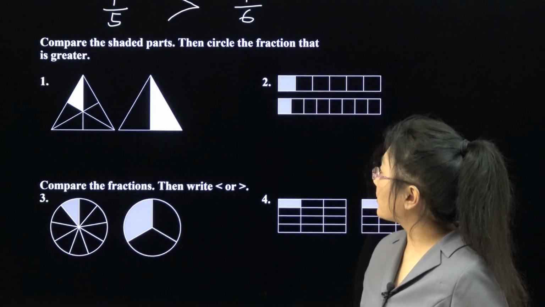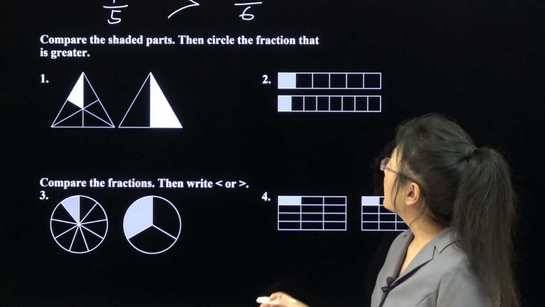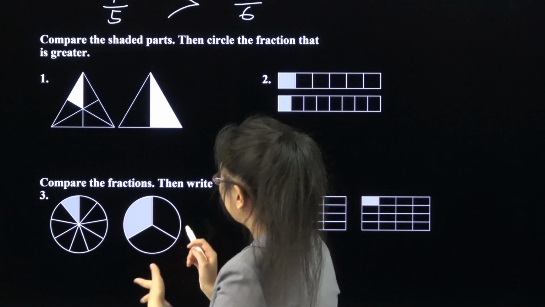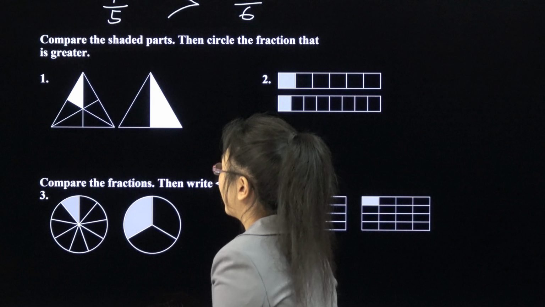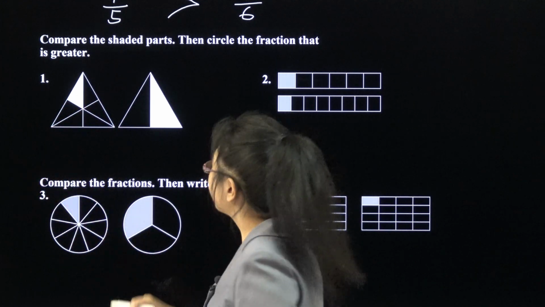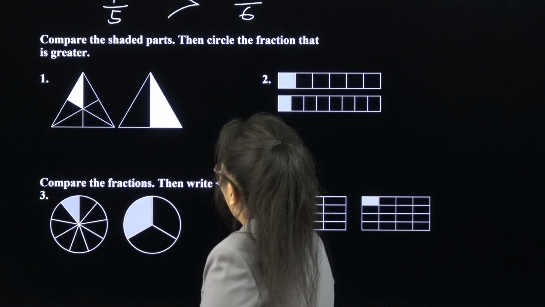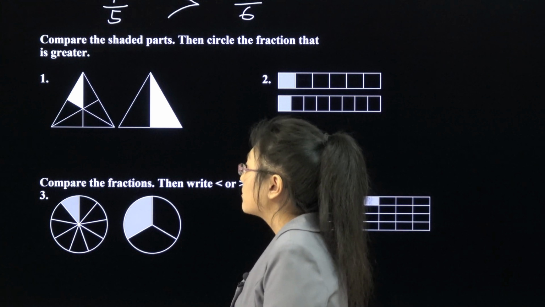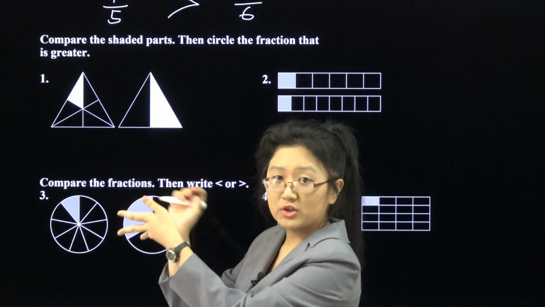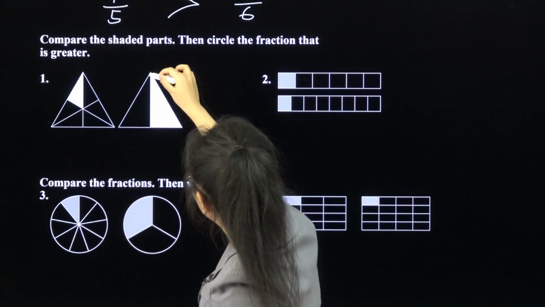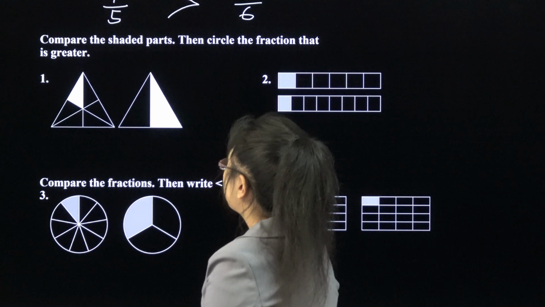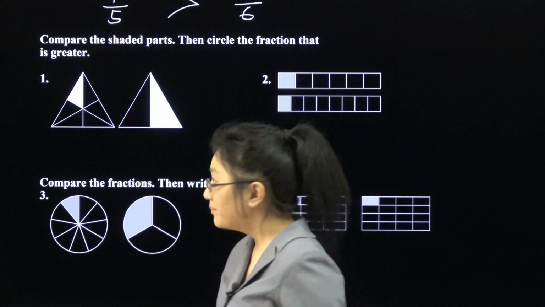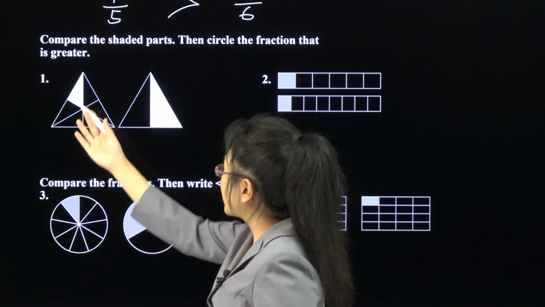Now let's do some practice problems. Compare the shaded parts, then circle the fraction that is greater. So here we have two triangles, and they're divided into equal parts. Yes, guys, these are equal parts. Now, which one of the shaded parts is bigger? Even though they're on different sides of the triangle, you can still tell that this shaded part, I was about to call it a blob, is bigger than this shaded part right here.